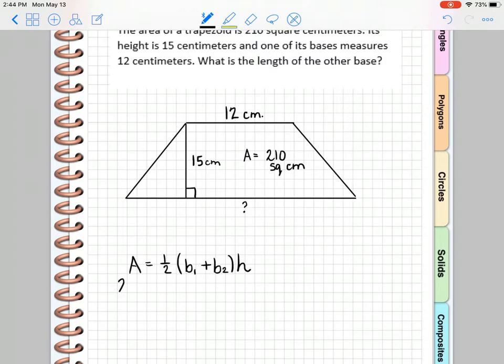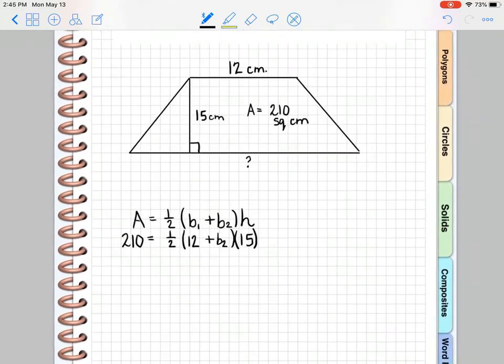We know that A is 210. We know that 1/2 is part of the formula. And we know that one of the bases is 12. Okay. And we know that the height is 15.